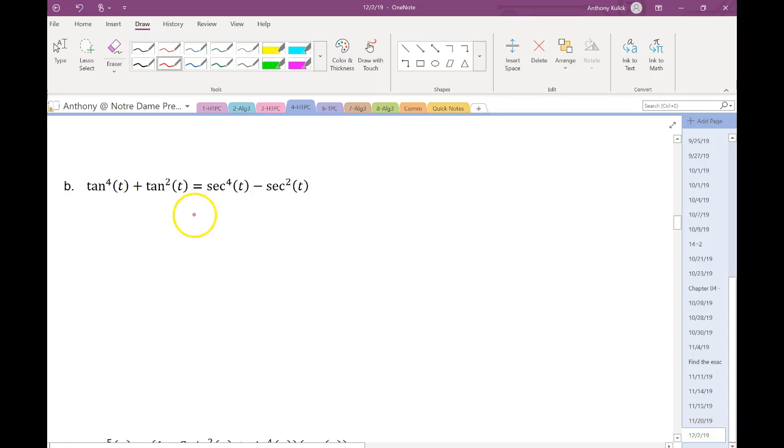All right. Well, first thing we should do is, if you did this thing first, it was easy after that. Greatest common factor is secant squared. If you did that first, you probably got this to work out.